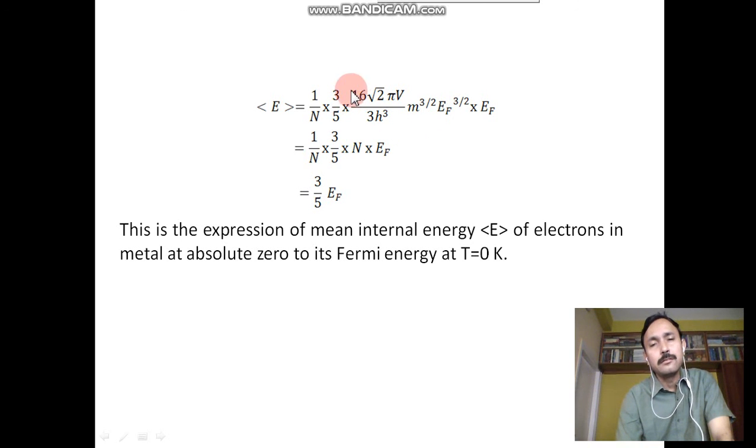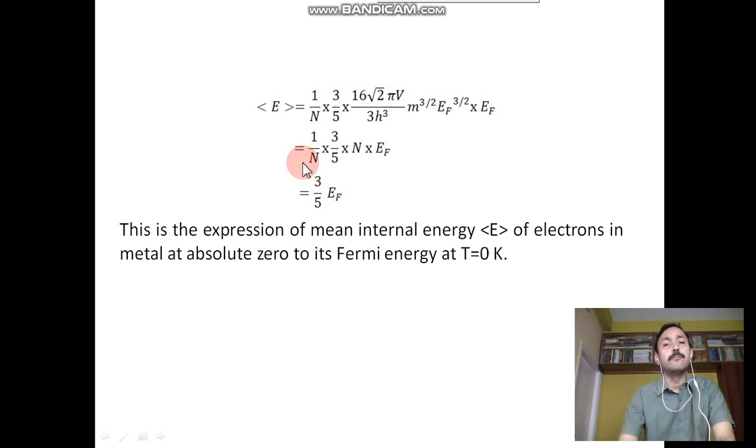Now, for this part, the arrangement is that we have to find this one as N. So 16 root 2 pi V by 3h cube m to the power 3 by 2 Ef to the power 3 by 2, this is N. So we are putting here N. So 1 by N into 3 by 5 N into Ef. So this N and this N will cancel out, so it becomes 3 by 5 Ef.